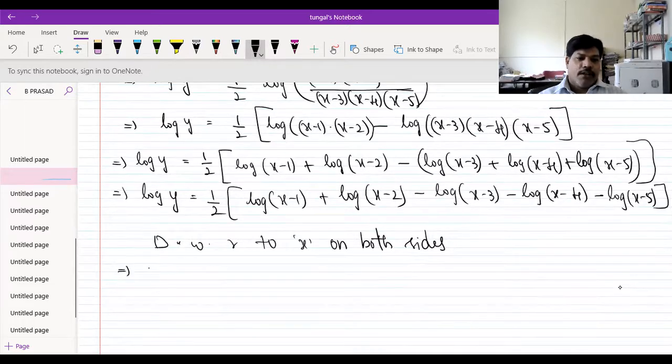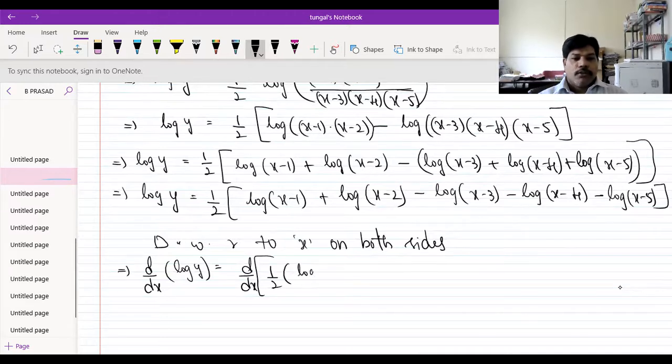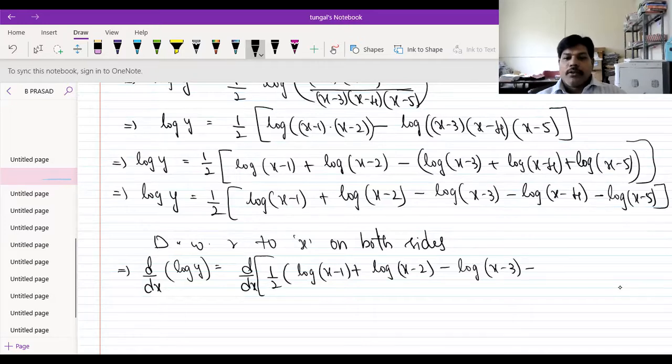That implies d by dx of log y is equal to the derivative of 1 by 2 into log of x minus 1 plus log of x minus 2 minus log of x minus 3 minus log of x minus 4 minus log of x minus 5.